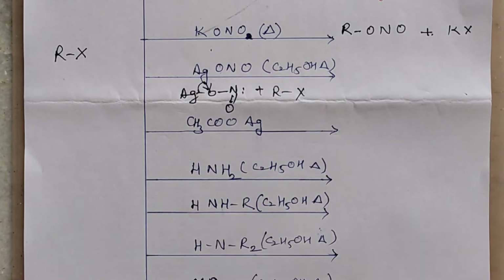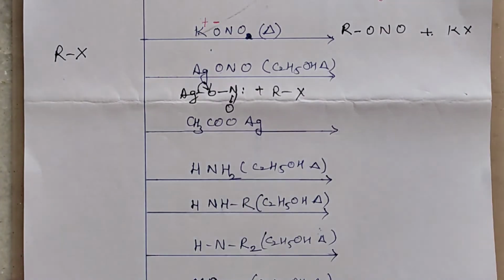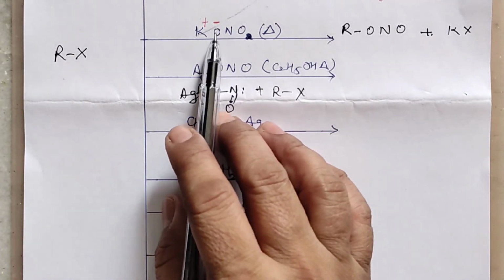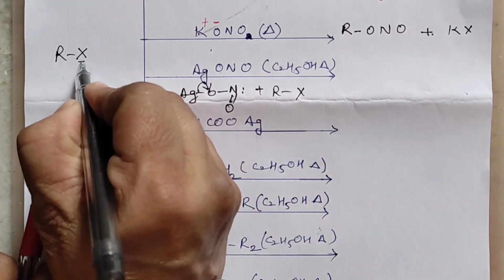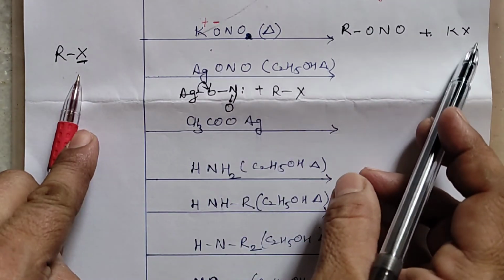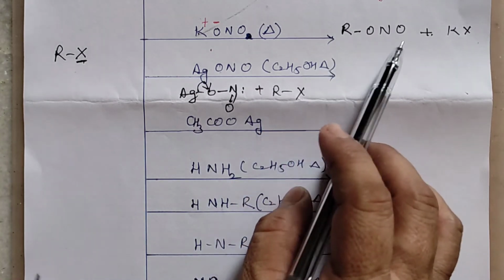The same explanation: this is going to ionize as K plus and NO2 minus. So this O minus will form a bond with R. What will happen is that X and K will form KX, and O will form a bond with R, and you will get this product.